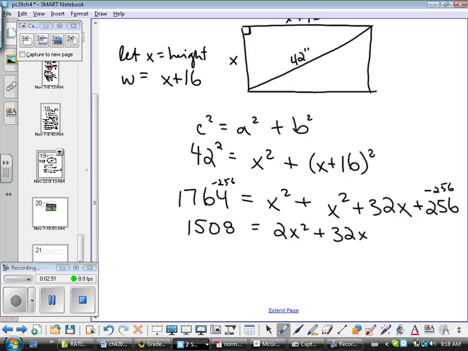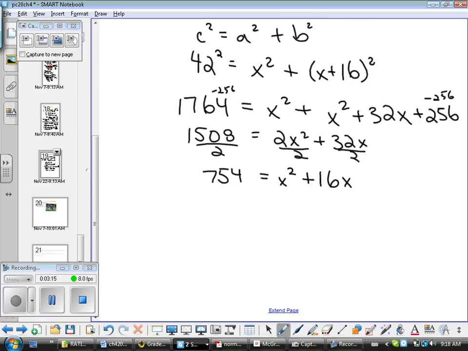Now, when you have a common factor on both sides, you can just divide by that, as long as it's not x. If it's x, you have to leave it there, but if it's a number like 2, then you can just divide everything by 2, and that's not going to affect your equation. Okay, so 754 equals x squared plus 16x.